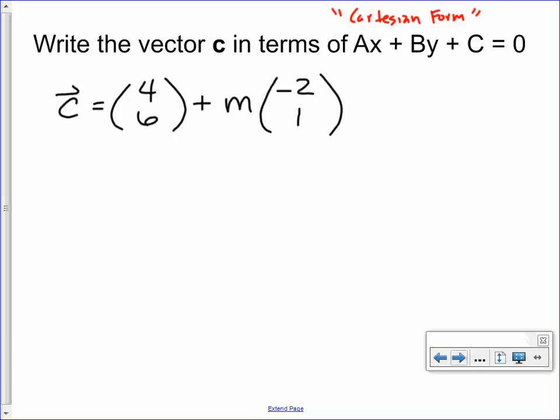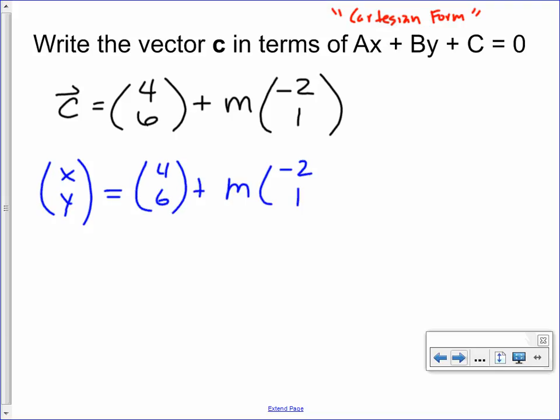His name was Rene. All right. Here we go. Remember that. A vector has components x, y. True? So in other words, (x, y) is equal to (4, 6) plus m times (negative 2, 1).